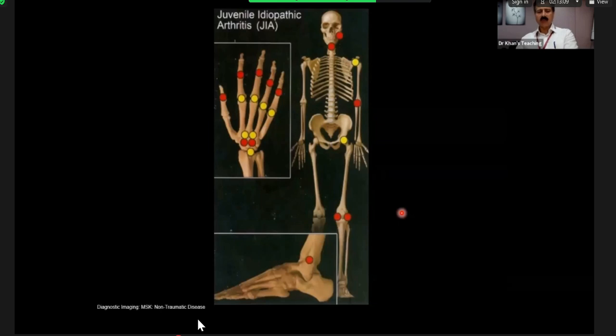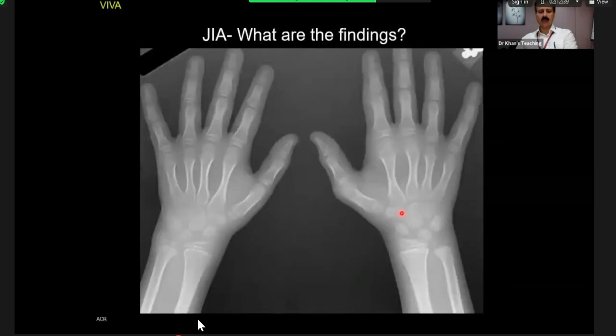But basically for the exam, when a patient becomes a teenager, etc., the findings of, let's say, erosions, etc., can also be seen, just like the adult pattern. But before that, the two things you have to keep in mind. One is this finding, where enlarged epiphyses are there. And second thing is periosteal reaction. So I will show you a few films.